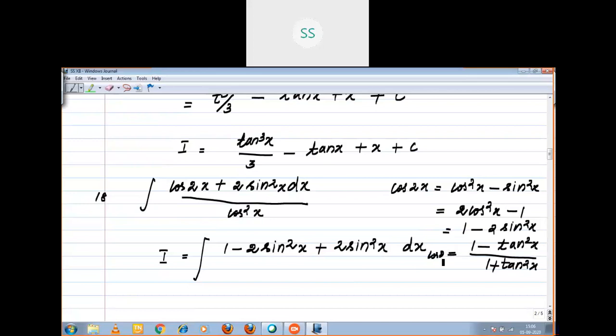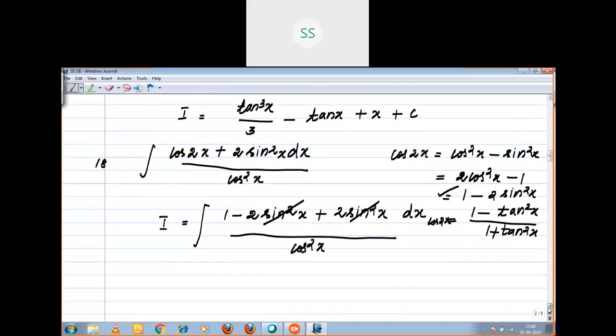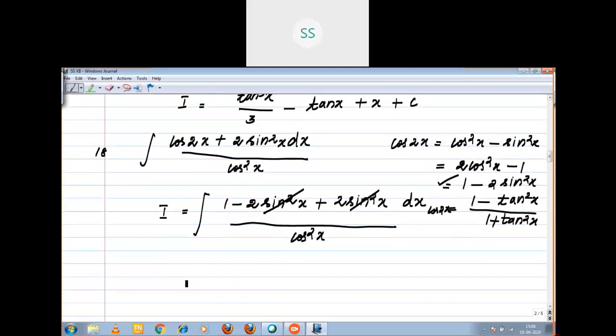Here I selected this one, 1 minus 2 sin square x. So this has to be vanished, divided by cos square x. 1 by cos square x is nothing but secant square x, which gives the integral of secant square x dx.